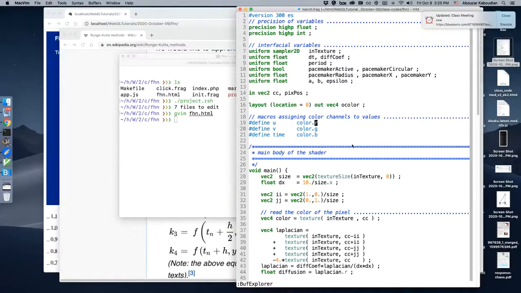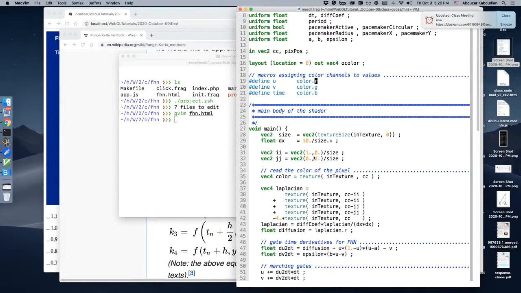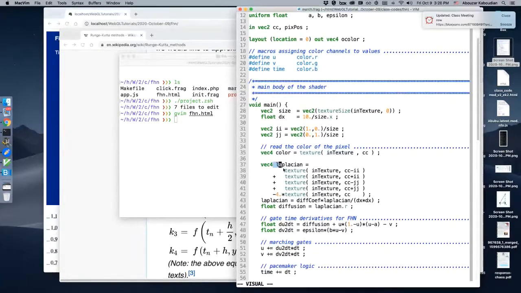Right, so this was the time marching scheme that we previously had. We would calculate the Laplacian of the u variable, and then the derivative of u with respect to time would be some diffusion plus some reaction terms, a function of u and v, and then the derivative of v with respect to time would be just a function of u and v.